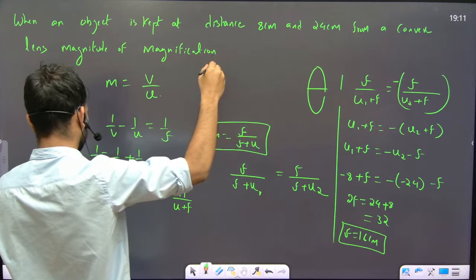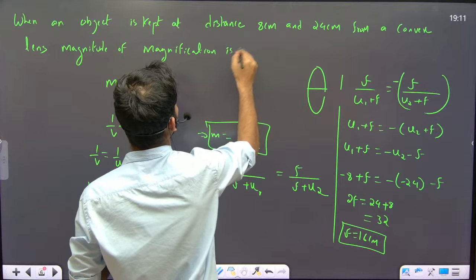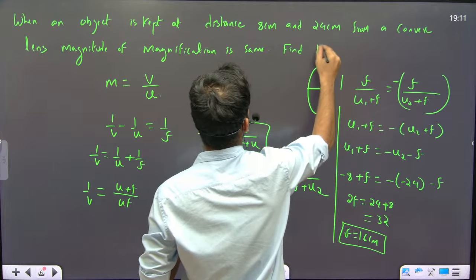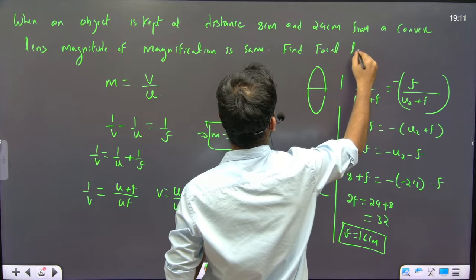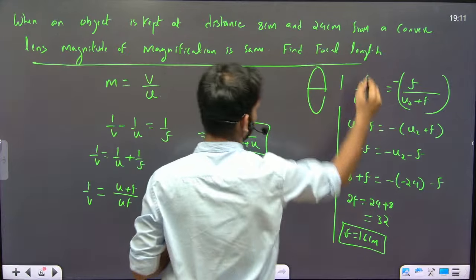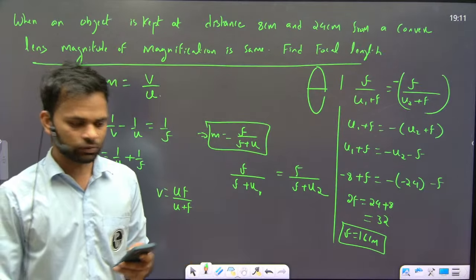Magnitude of magnification is the same. Find the focal length. Right, that is the question and this is the answer. I hope this is clear. Let's move on to the next one.